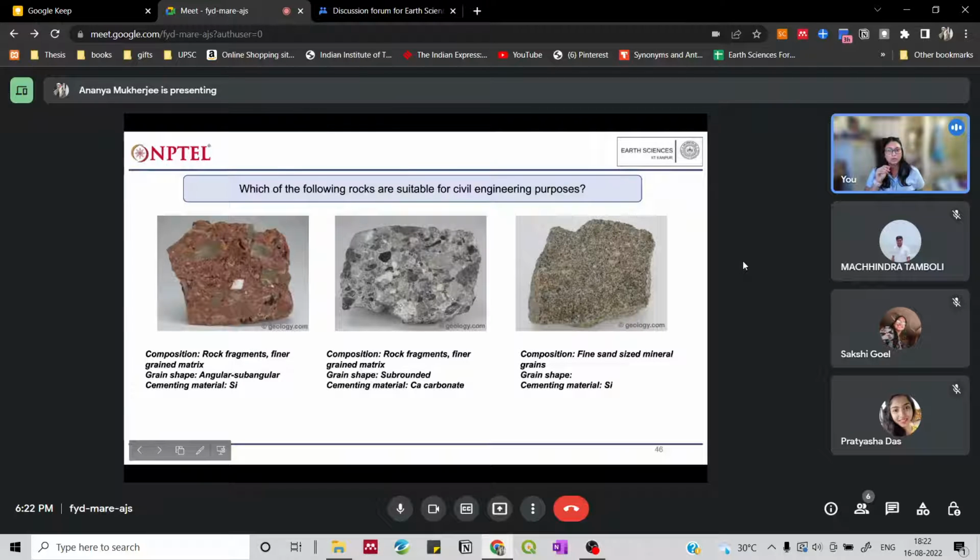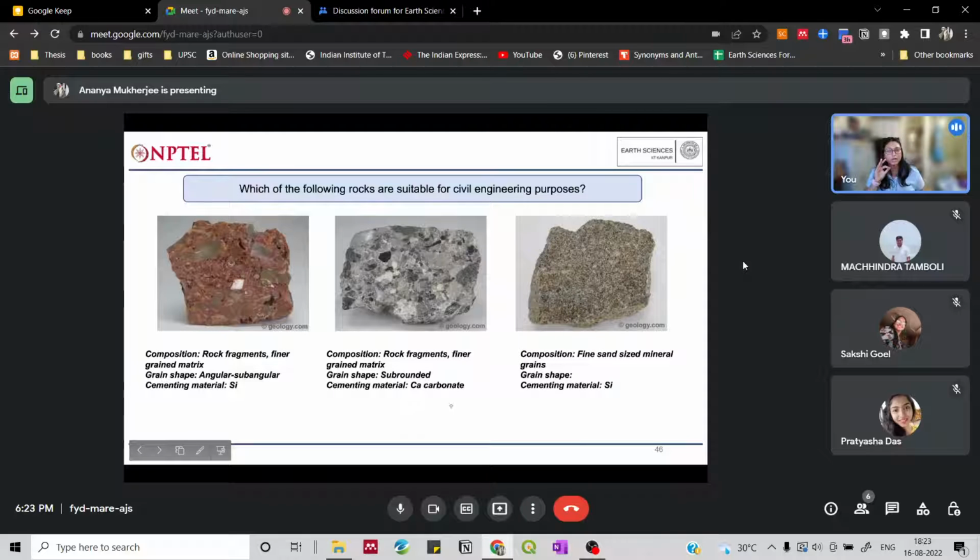Now in the next rock we can see that there are again rock fragments and finer grain matrix. This is not a very well sorted rock, that would be a poorly sorted rock, because you can see different sizes of sediment grains. Now the grain shape is sub-rounded. Sub-rounded means that the cement will not minimize the pore spaces.